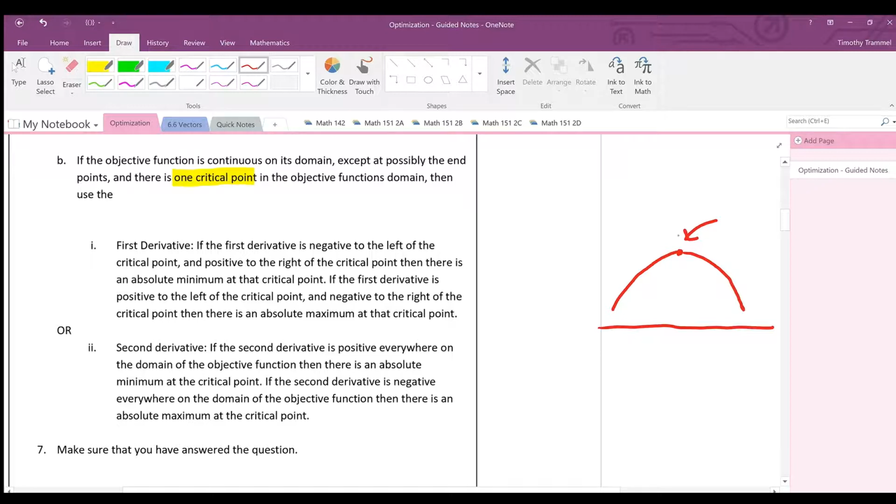Okay. And so that's the idea that we're going to be using here. We're either going to have a closed interval, and we can use a closed interval test, or we'll end up with a single critical point and the function's concavity isn't going to change over the interval, so you'll be able to determine that you have an absolute maximum or minimum.